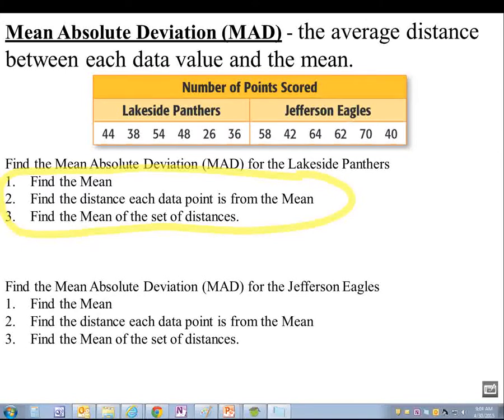So the 3 are find the mean, find the distance. You know, you can say difference rather than distance. Go ahead and erase that word distance, because that could be a little confusing. So it might even be better to just say difference.